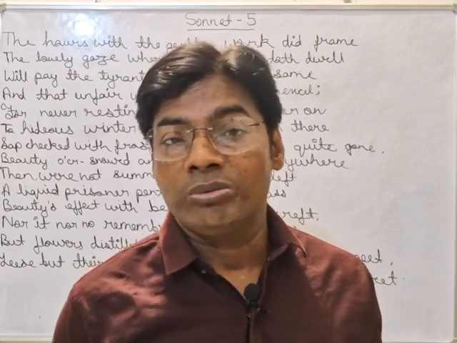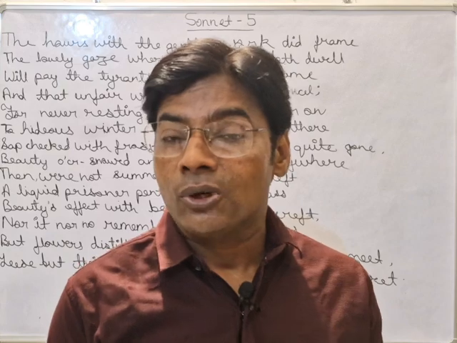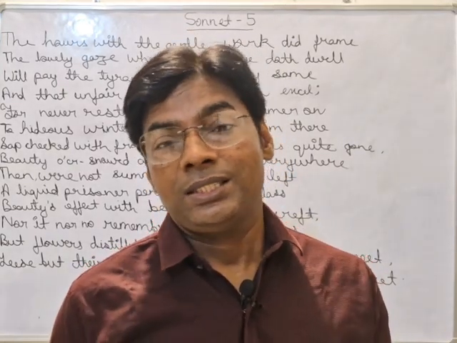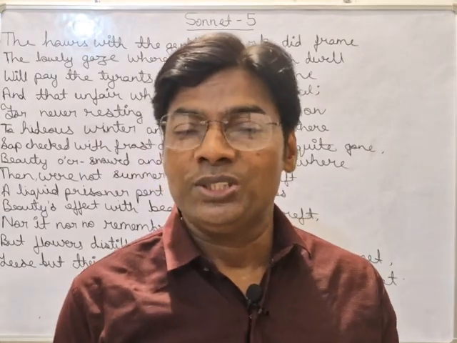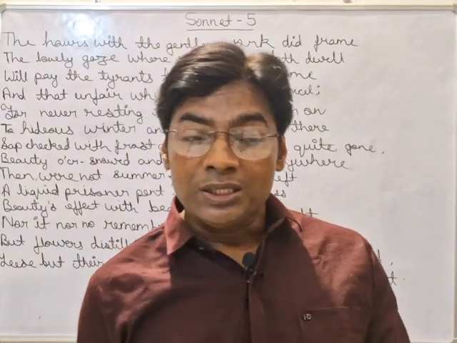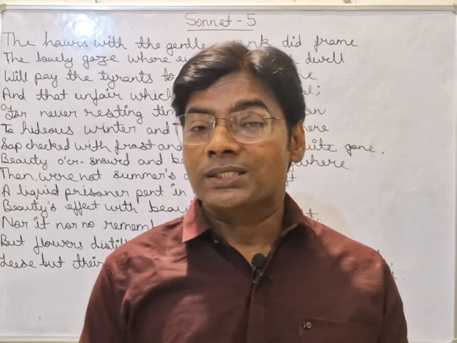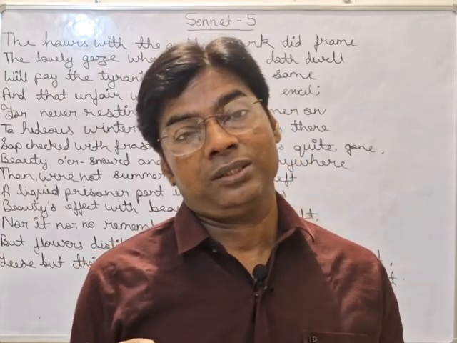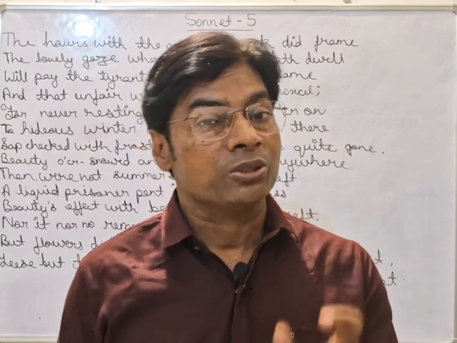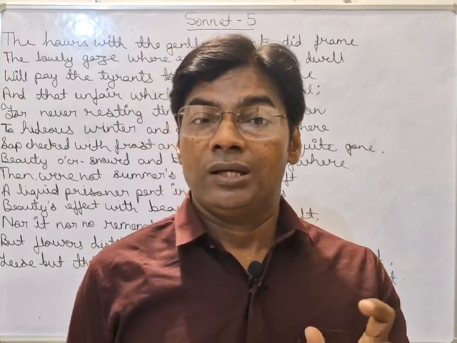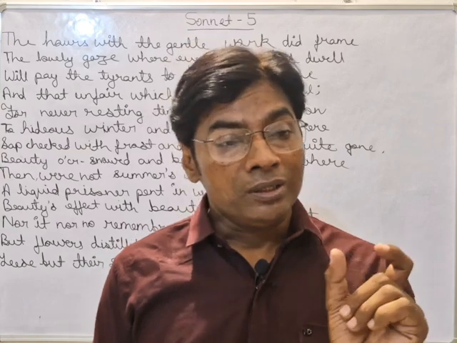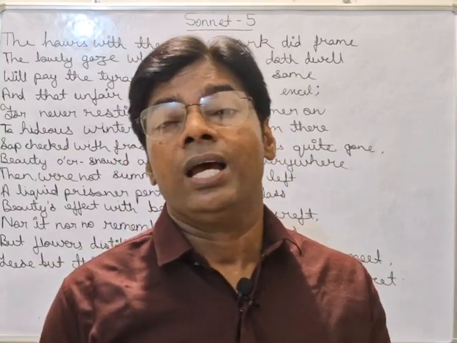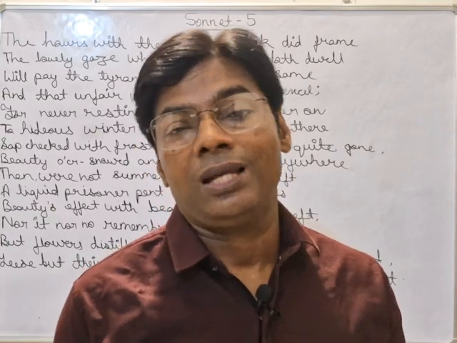The rhyme scheme of the Shakespearean or English sonnet: ABAB, CDCD, EFEF, GG. The meter used in the Shakespearean sonnet: iambic pentameter. Pent means 5. Iambs are a pattern of unstressed and stressed syllables.